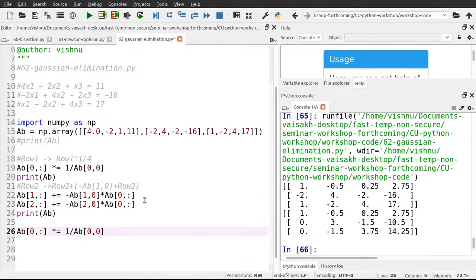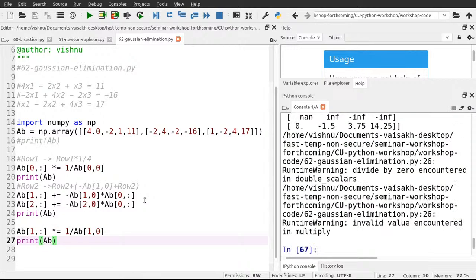So now, the first row should become 1 by, this is the second element. Sorry, 1 0. Seeing it. 1 0. No, it's 1 1.